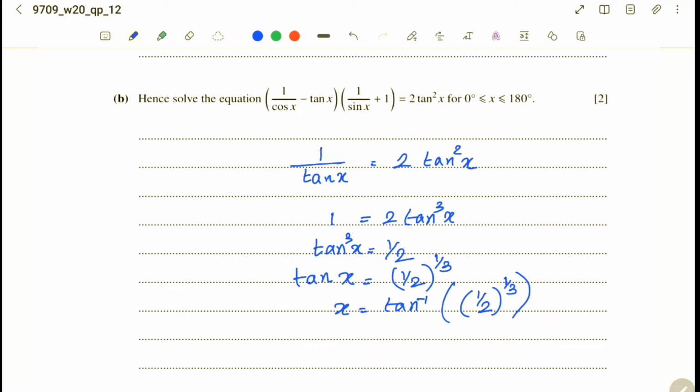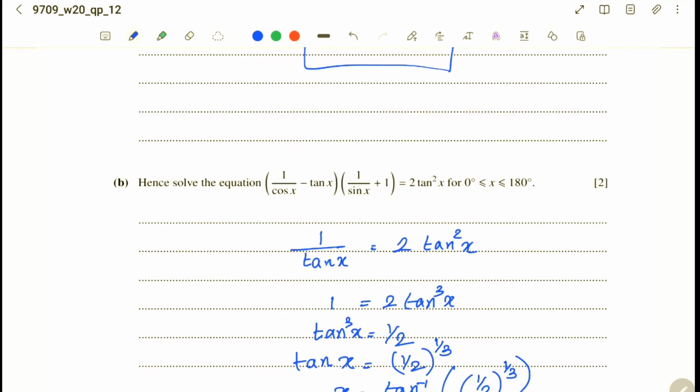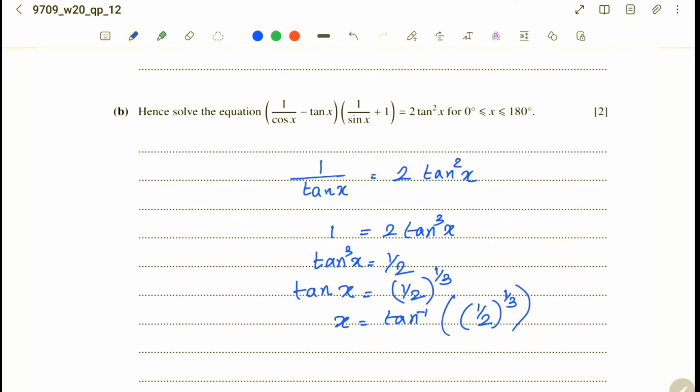Now we need to write the x value, and it's given x is between 0 and 180. So x equals 38.4 degrees.